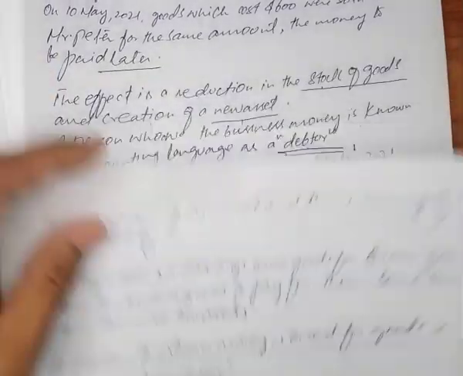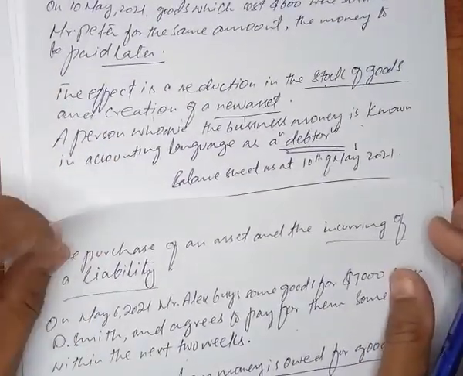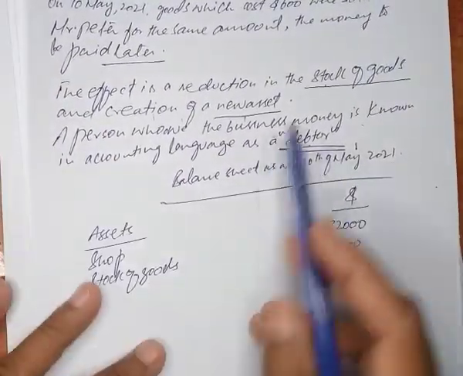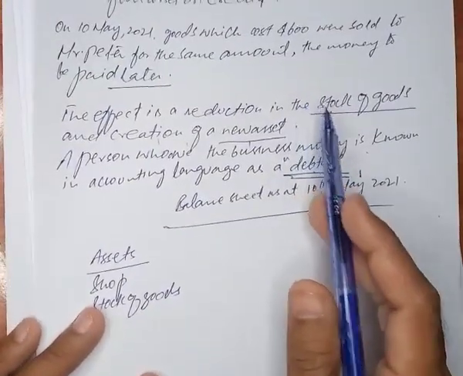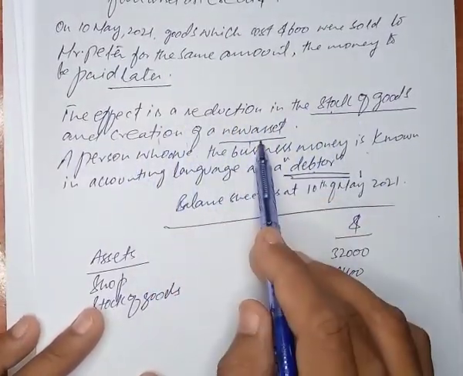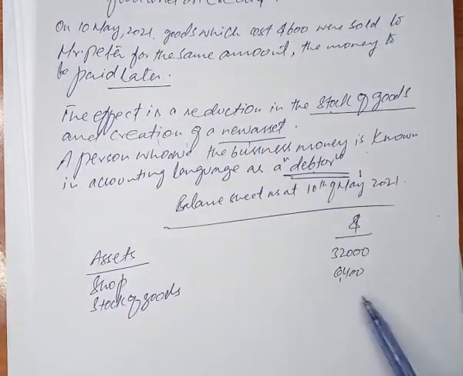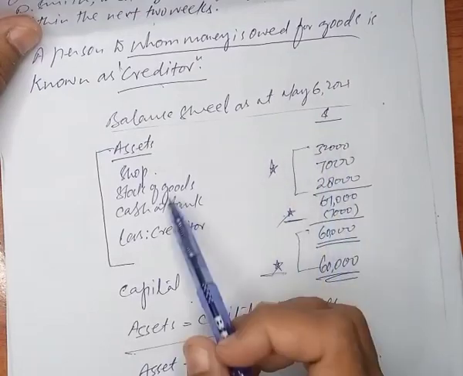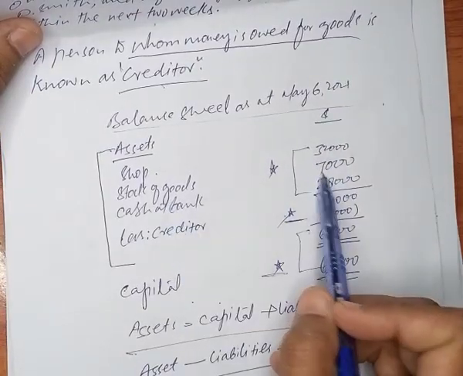now let's do a quick comparison. The effect of this transaction, as I told you, is the reduction in the stock of goods and creation of a new asset. So now stock of goods is $6,400. Previously, in the last transaction, it was $7,000.